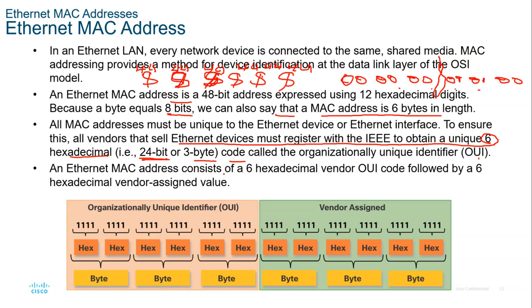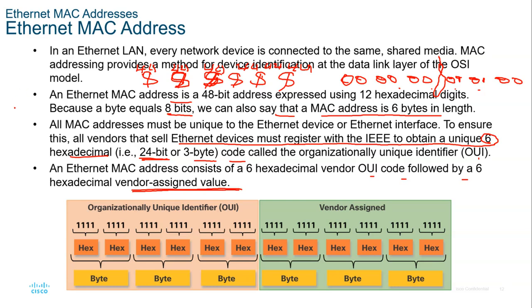Then the Ethernet MAC address consists of a 6 hexadecimal vendor code followed by a 6 hexadecimal vendor assigned value. So the vendor assigned value is 3 bytes that uniquely identifies a device.